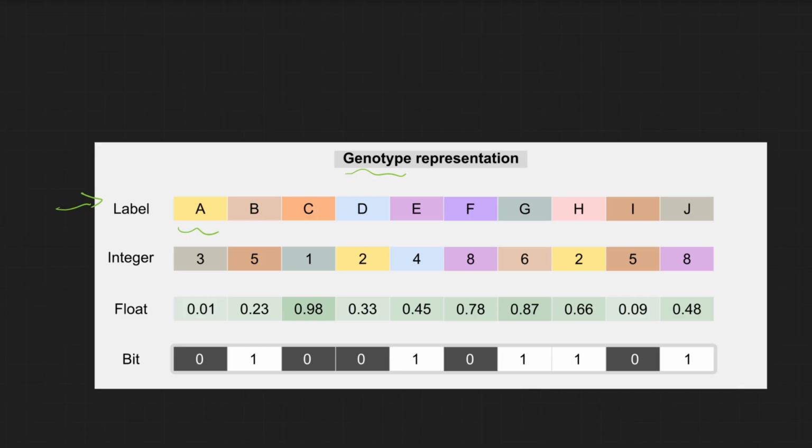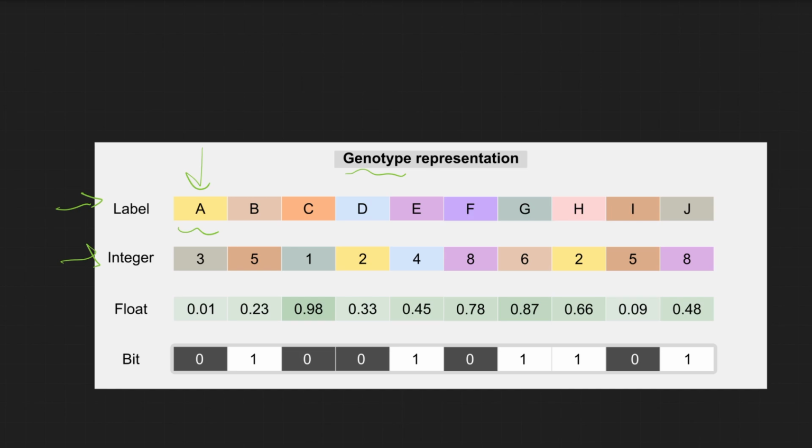So we go from A, B, C, D, and so on. Each letter may represent a subset of a solution. So you may think of a solution to a particular problem like a set of pieces that can be composed together. So the label representation is going to basically give you the single components of the solution that you can piece together in different ways.